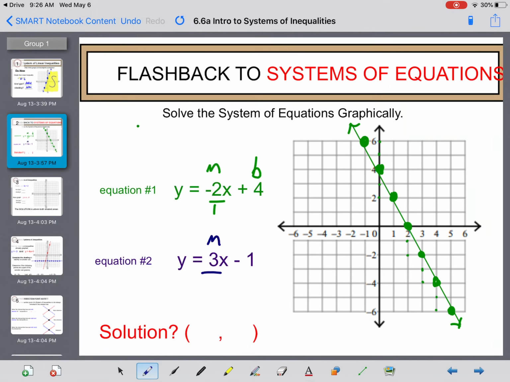And equation number 2 is the purple equation. We have an m value of 3 over 1 and a b value of -1.